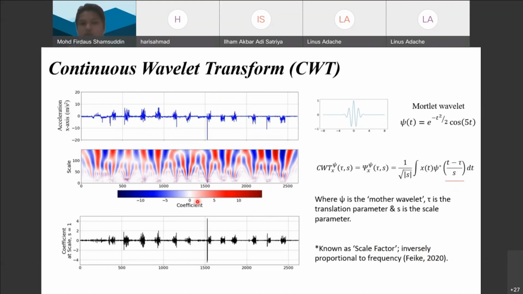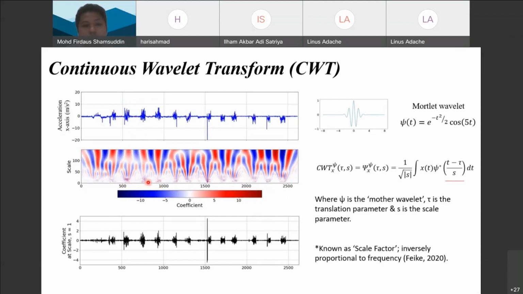The statement is true because we can see here in this scalelogram there is a concentration of high value of coefficient, and it corresponds to the same time that there is a vibration of the whole direction drill of the whole. So it corresponds to the same time.